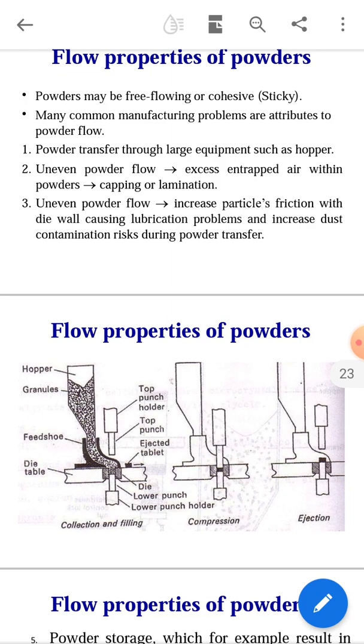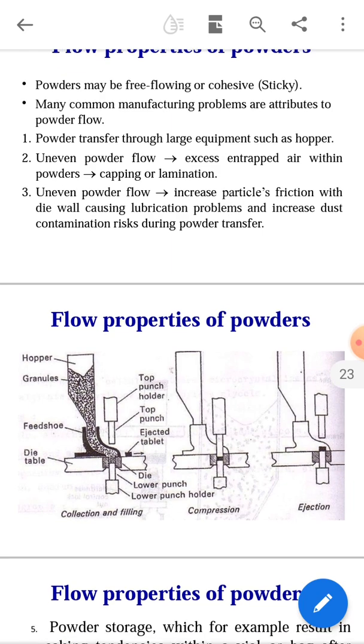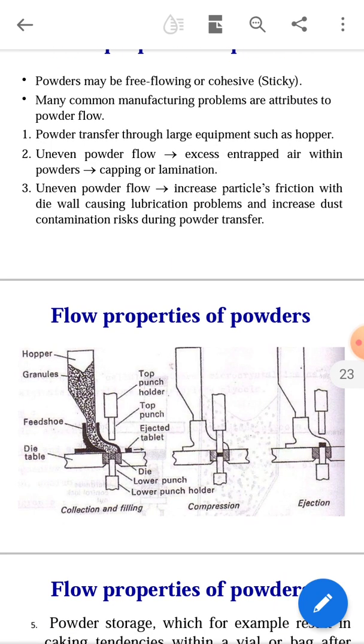Powder is transferred to large equipment such as the hopper. Most problems arise in the tablet manufacturing process or the capsule filling process, because the capsule hopper or powder hopper holds the granules or powder, which is directly attached to the compression machine of the tablet.